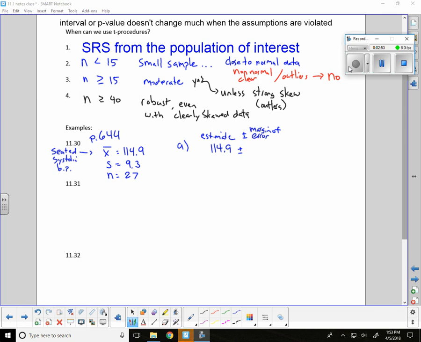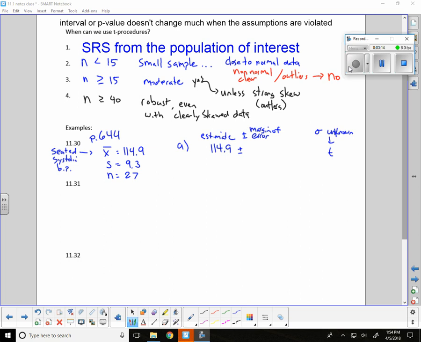Now, in this one, we did not know the population standard deviation. So we would say over here, sigma is unknown, which means we're going to use what distribution? T. We're going to use t.